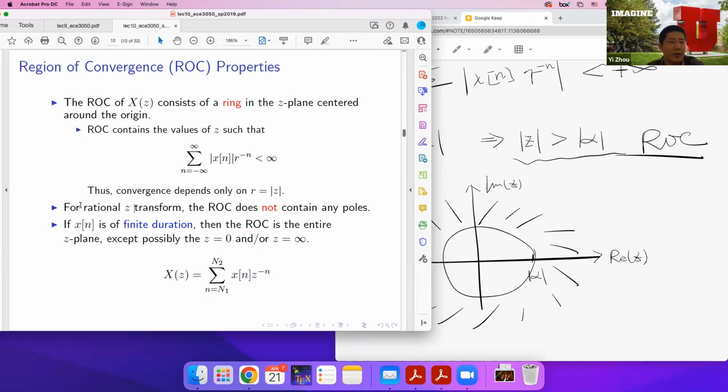And similar to the Laplace transform, if the Z transform takes a rational form, a fraction where both the numerator and the denominator are polynomials in Z, then the ROC should not contain any poles. Again, we can also define the poles of this rational Z transform.